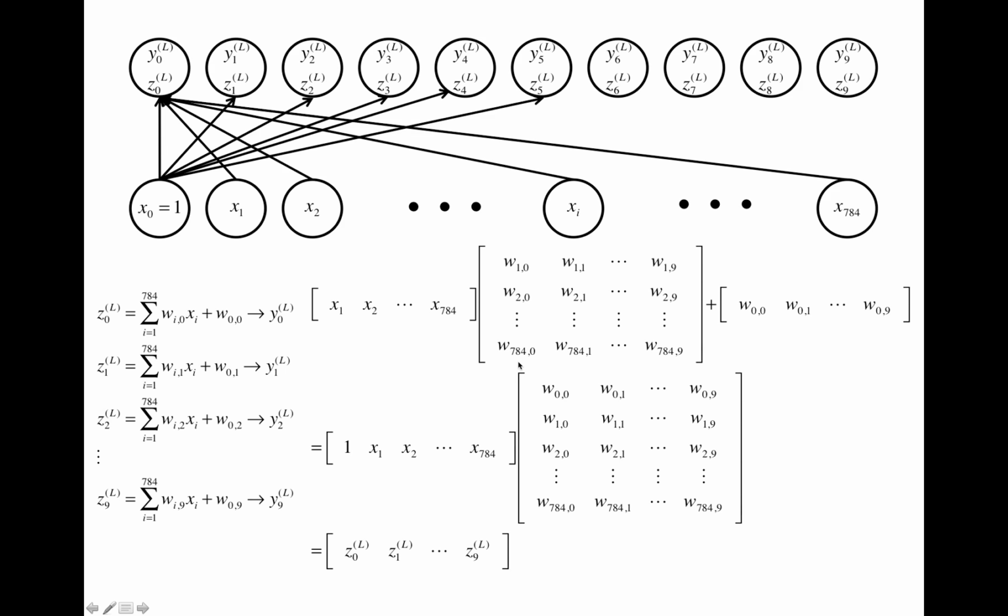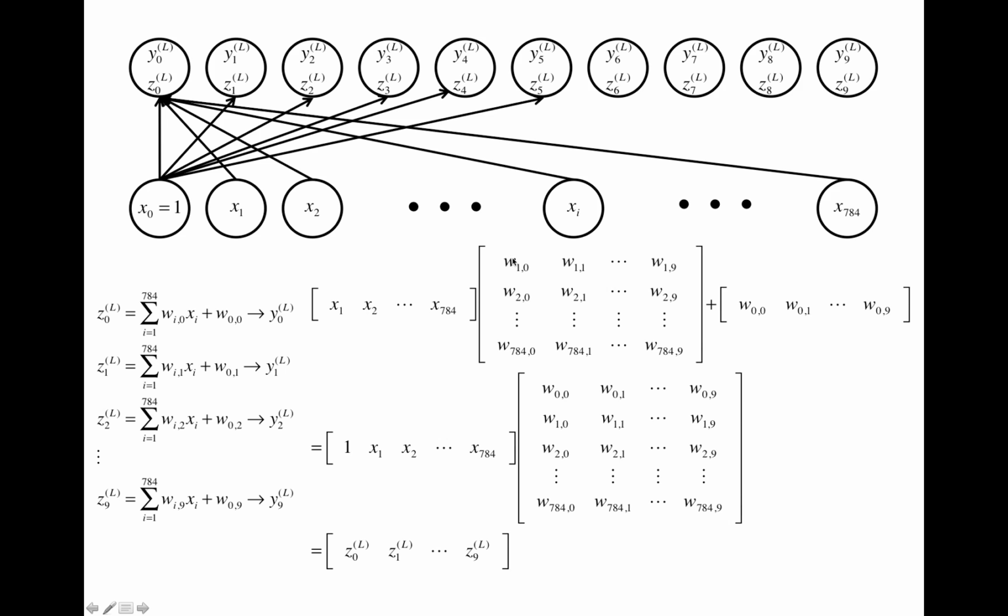And then the weights associated with all the connections that go into the second neuron are going to be on the second column. So the second column is going to be WI1, where I goes from 1 to 784. And so on and so forth. This weight matrix is going to have 10 columns associated with the 10 output neurons.